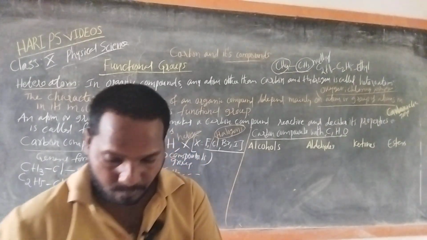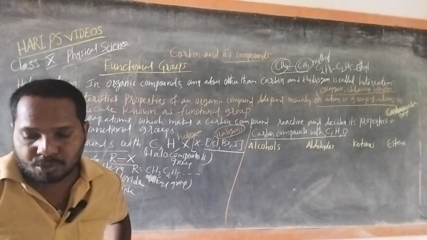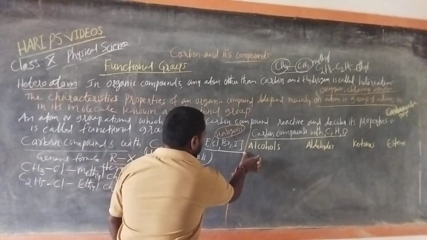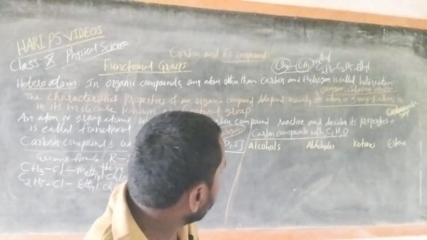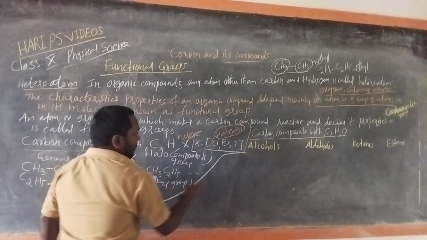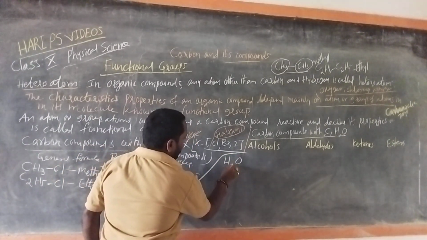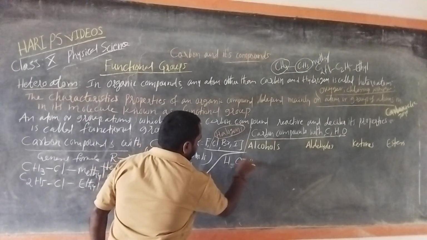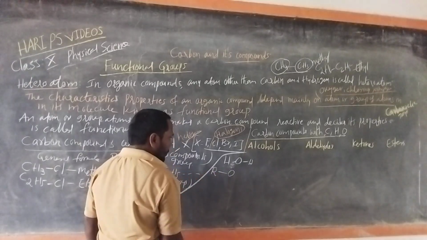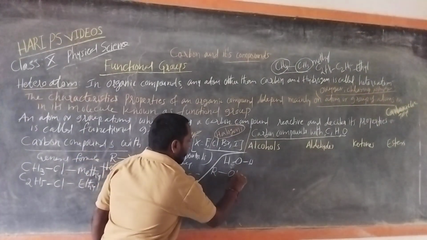So alcohols: if a hydrogen atom of an H2O molecule is replaced by an alkyl group, as we know the general formula of water is H2O. So in place of one hydrogen you can write one alkyl group.